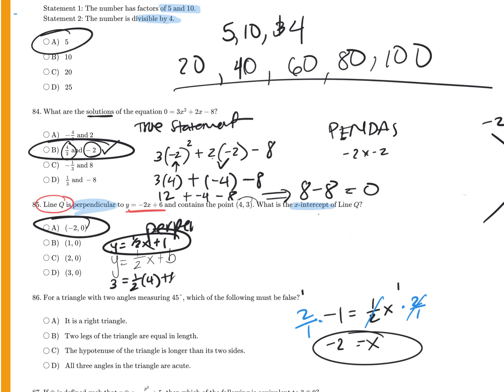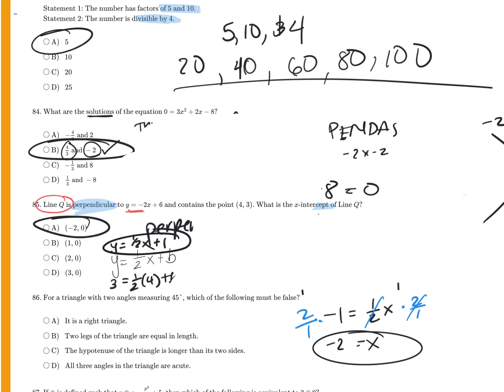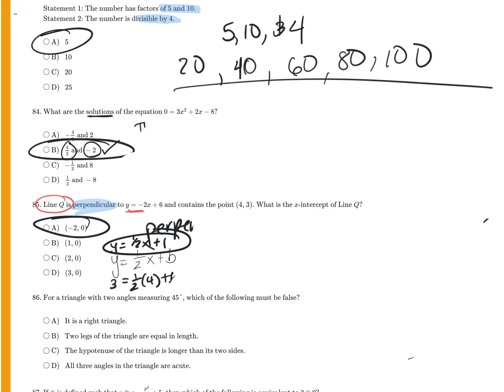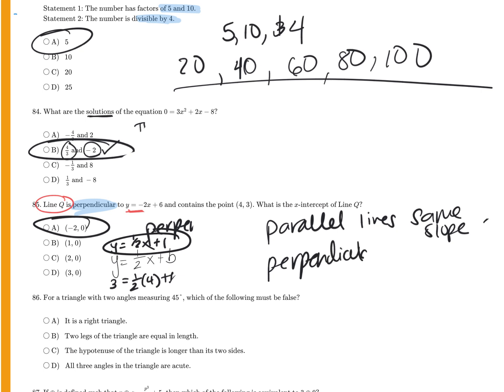Now, to be able to do that problem, you need to know about parallel and perpendicular lines. What you need to remember is that parallel lines have the same slope, and perpendicular lines have slopes that are opposite reciprocals.